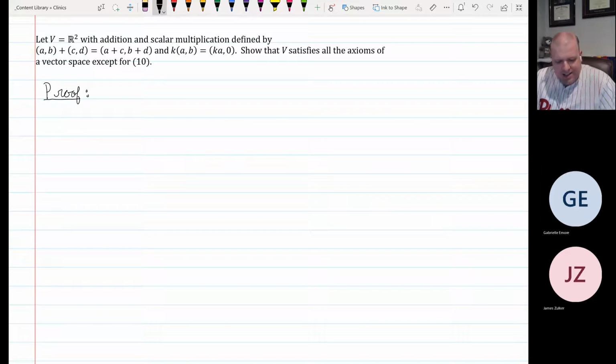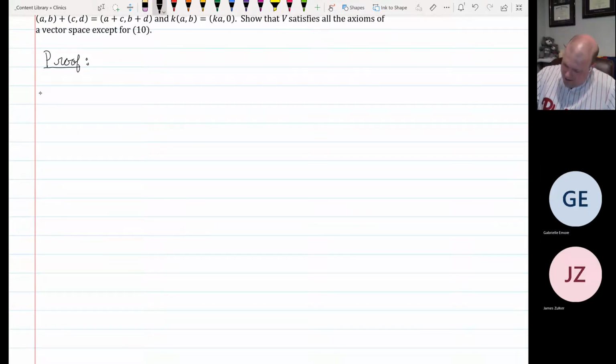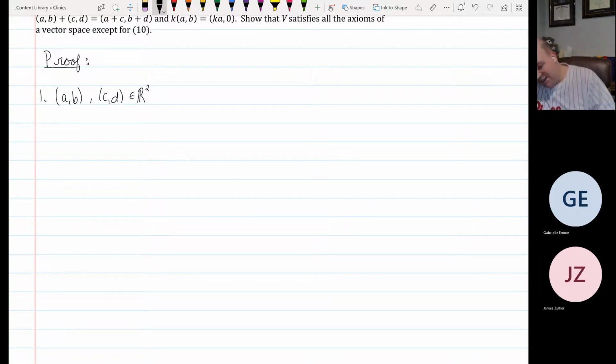All right, so first axiom. We want to show that it is closed under the definition of addition. So we take (A, B) and (C, D) to be elements of R2.